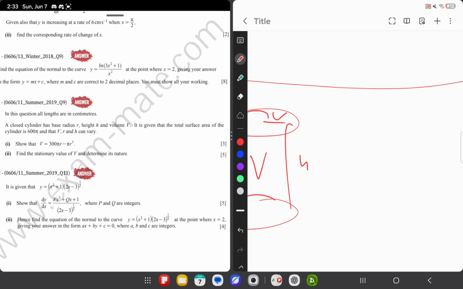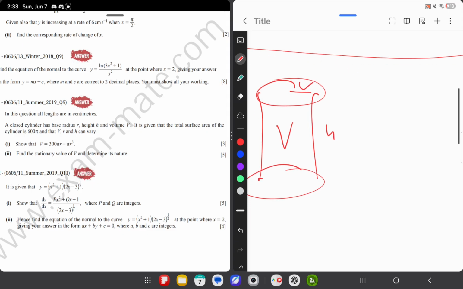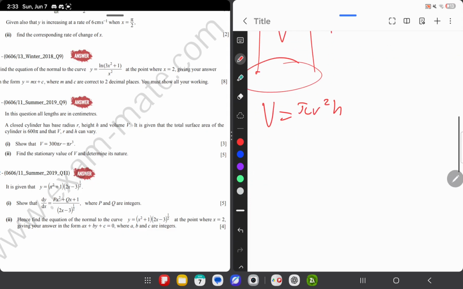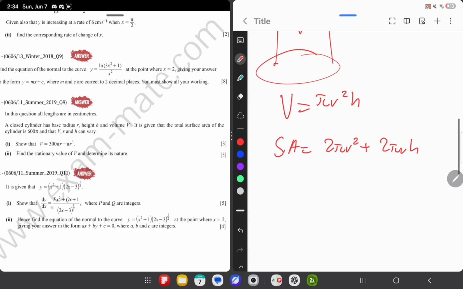We know V is equal to pi r squared h. We know the surface area is this expression over here. Given that this is 600 pi, we want to find h such that we can plug this back in and find the volume in terms of r only.